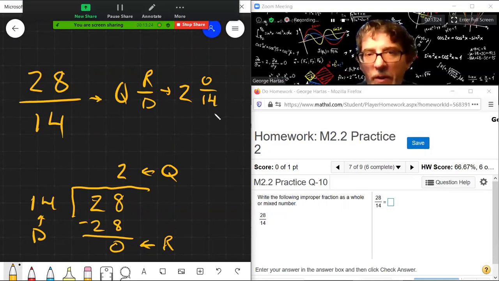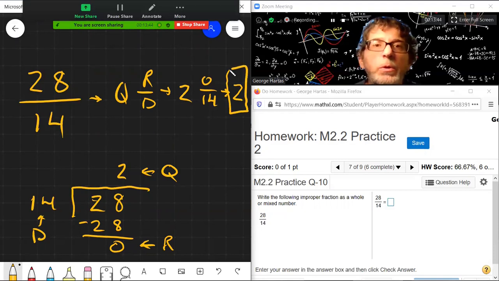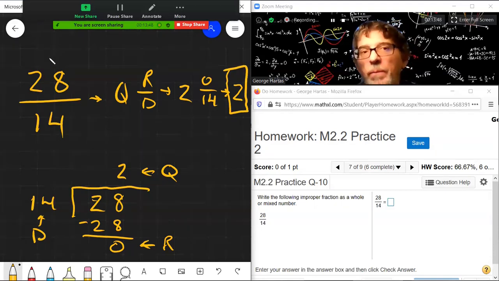And you've seen this before from the previous video. Whenever we have a 0 as the remainder, which means we have a 0 in the numerator of the fraction part, we don't want to type that in. We want to type 2 in. The whole number 2 is our answer here, because 28 divides by 14 exactly 2 times.